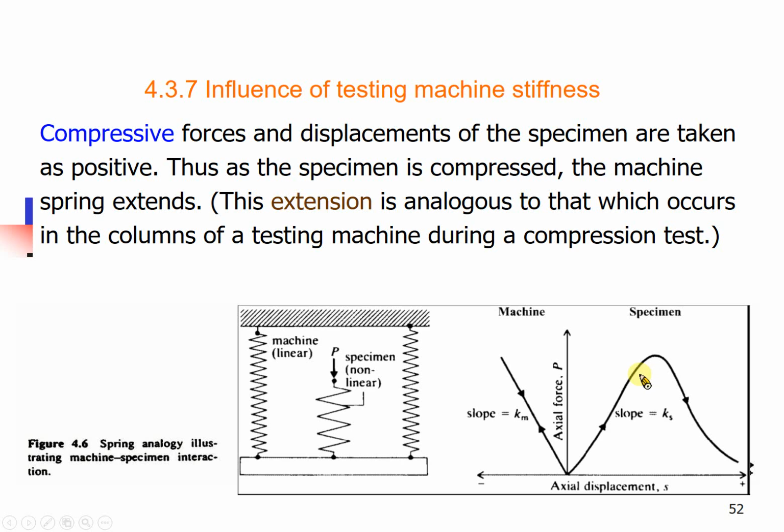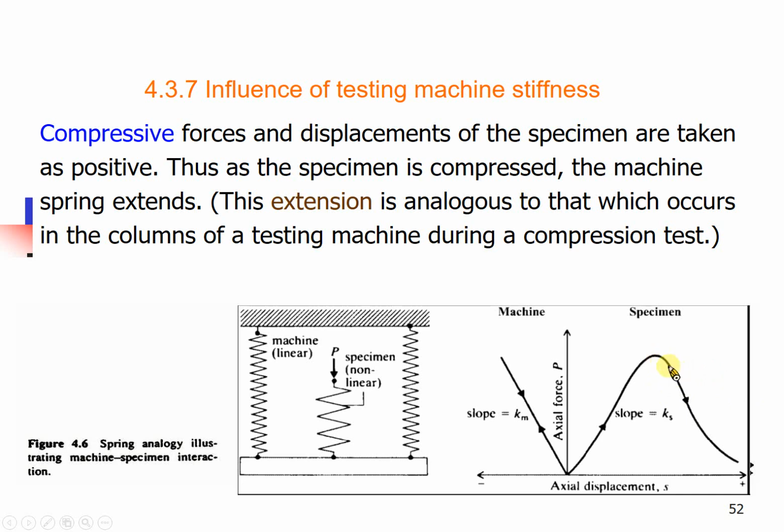Okay? If you have a complete stress strain curve like this, when you go beyond the peak strength, if you increase the actual displacement, then the strength resistance of the specimen will drop from here to here.